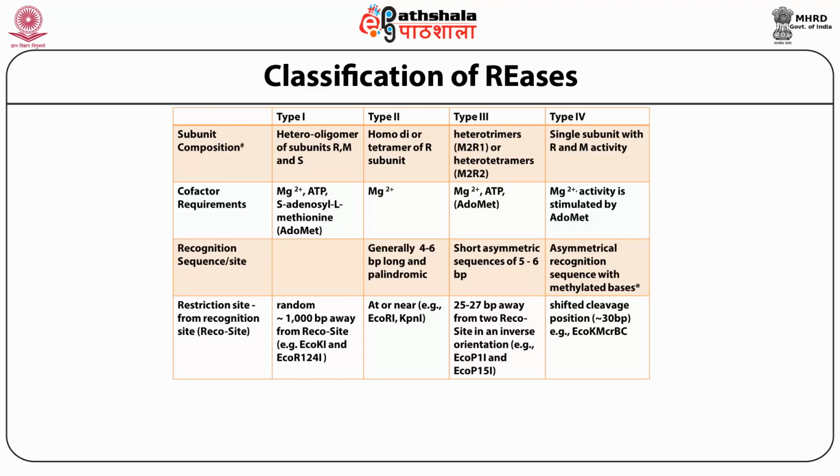For example, type 1 are usually composed of subunits R, M, and S as heterooligomers, while in case of type 2, you usually find homodimers or tetramers of the R subunit, while in case of type 3, we usually see heterotrimers or heterotetramers of the composition M2R1 or M2R2 respectively, while in case of type 4, so far we have seen a single subunit that has both R and M activities.